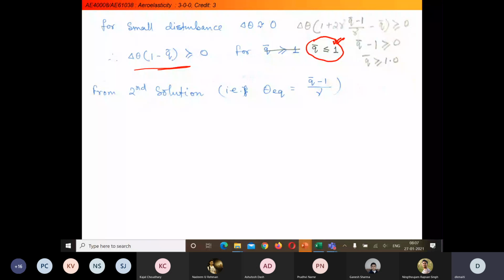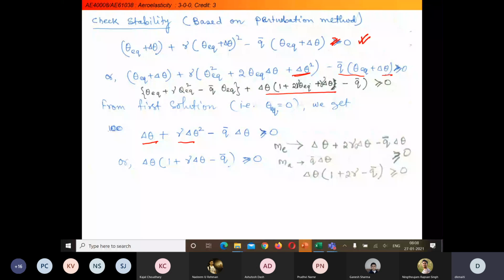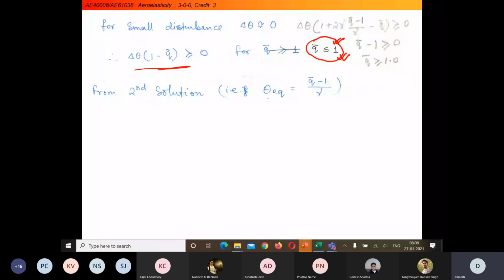That means at q bar equal to 1, this system goes to divergence. Similarly, from the second part of this equation we get q bar minus 1 by gamma. This is the response solution of the equation.